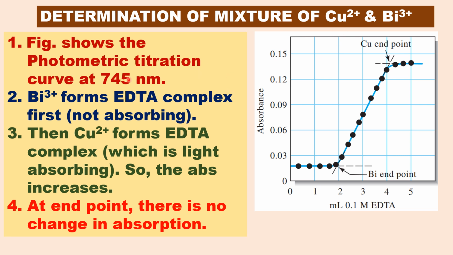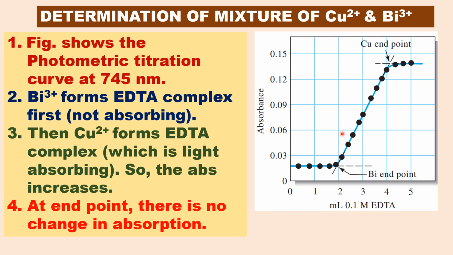This is the photometric titration curve measured at 745 nanometers. Let us take 5 ml of copper and bismuth cations in the titration cell, and add EDTA in the burette.